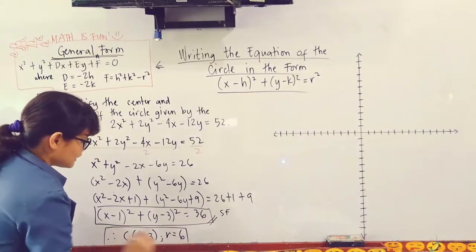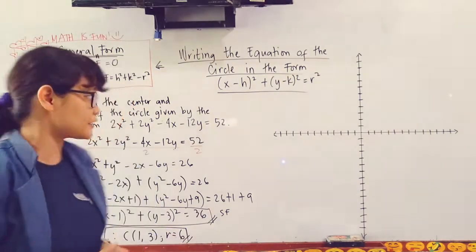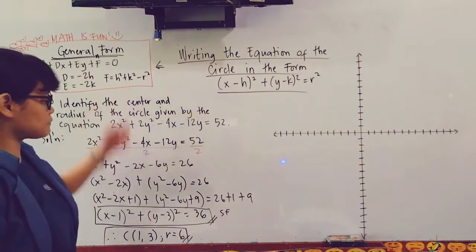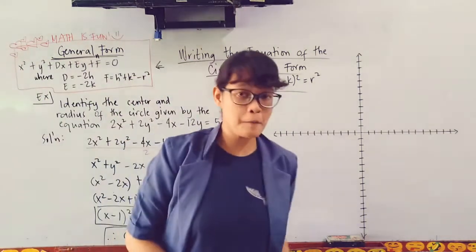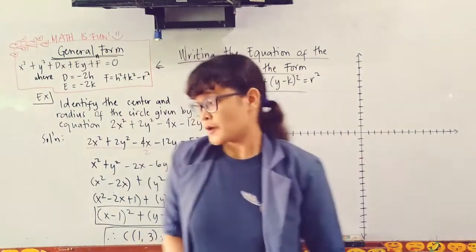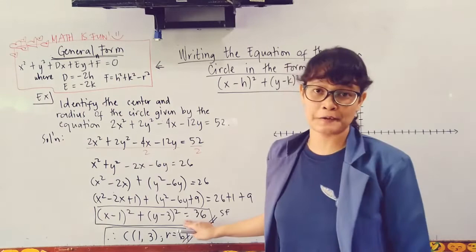So, if you ask me, kung meron naman palang formula dito, bakit kailangan mag-completing the square pa? Kaya natin ginagamit yung completing the square is because ang dulo ng sagot ng completing the square ay yung mismong standard form na.